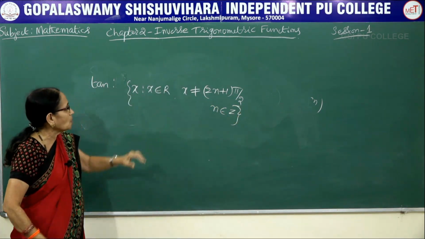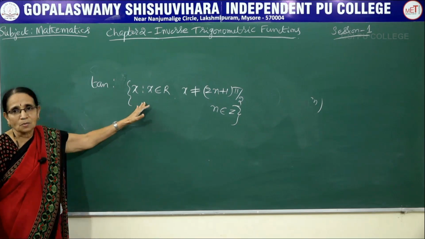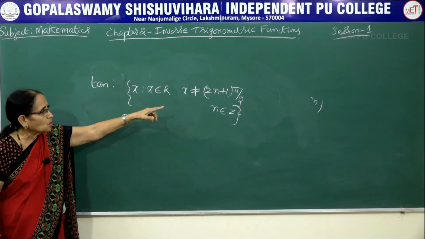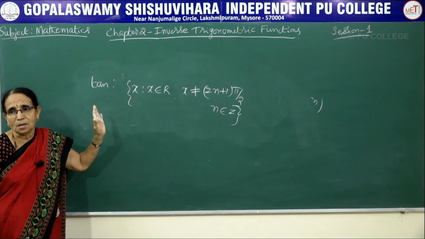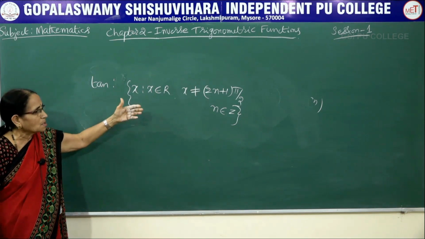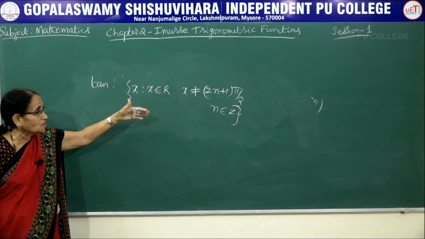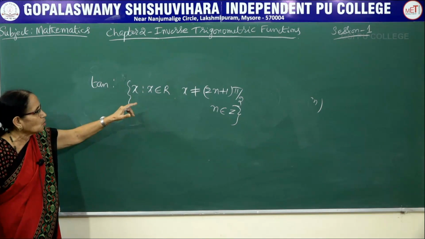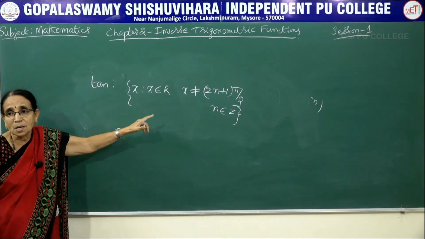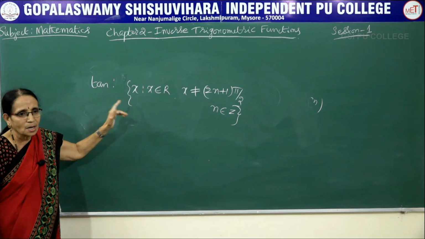Now omitting these values, we can take the domain of the tan function, because we know that at any odd multiple of pi by 2, the function is not defined. Though we write it as infinity, it is only a notation, the function is not defined. So omitting those values, the odd multiples of pi by 2, the function is defined.